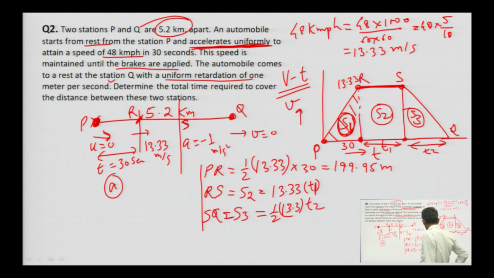So, the problem is only that we have two variables, T1 and T2. So, out of these we need to find any one. T1 or T2 can be calculated from this side. How? Acceleration value is -1, velocity here is 13.33.